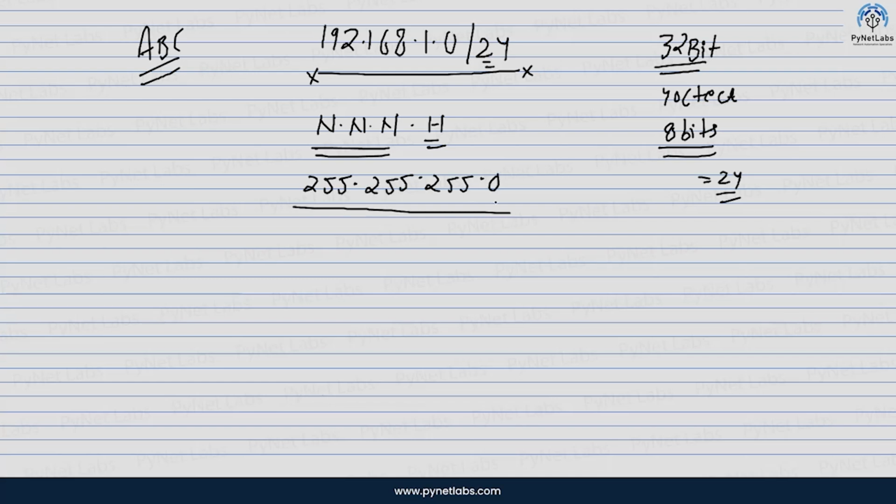255.255.255.0. How do you get this value 255? It is a very simple formula. In subnetting, the bits are calculated from powers of 2.